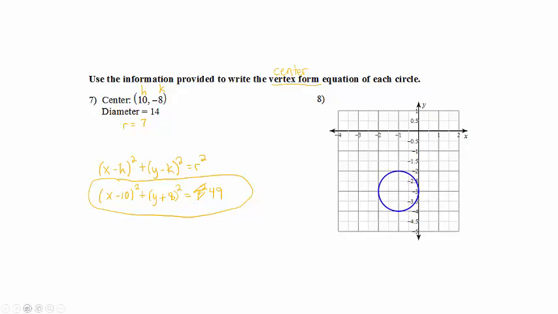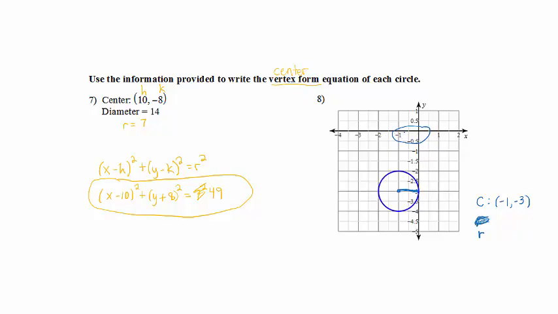On 8, we have a graph, and we're going to use that graph to figure out the equation, so we still need the same things. We need to know the center of this circle and the length of the radius. The center, it looks like, is at -1, -3. And the radius is actually a little bit trickier if you're not paying attention, because this is not 2, which you might have thought at first, because look up here at our scale.